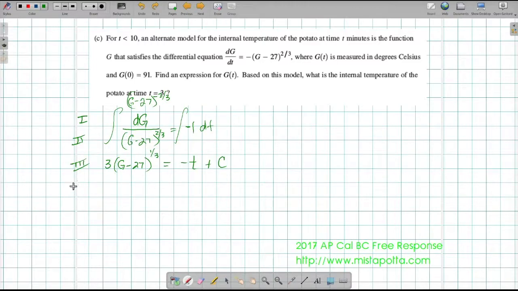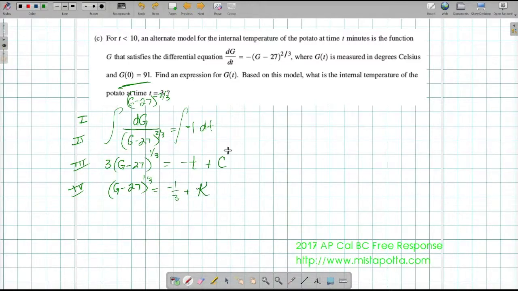Now what I want to do is solve for g, and then later on I'll use this tidbit of information to actually solve for my constant. So first thing I'm going to do is move the 3 over. So g minus 27 to the 1/3 is equal to negative t over 3 plus a constant.